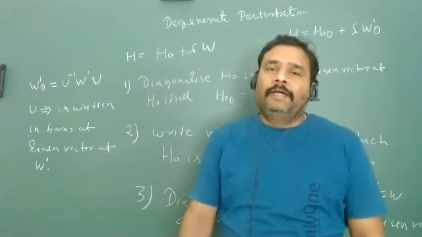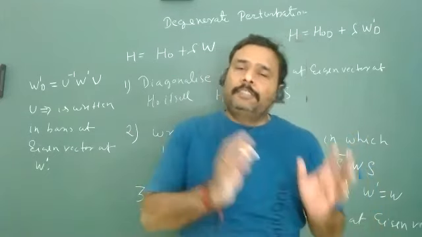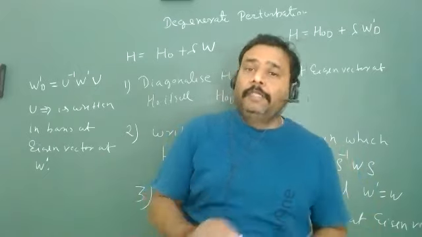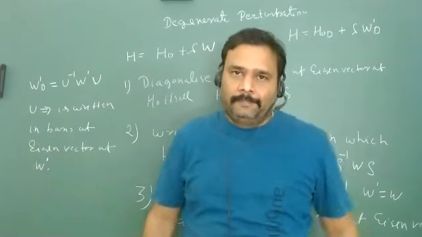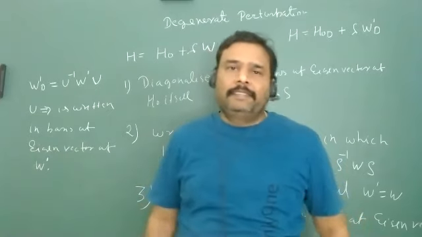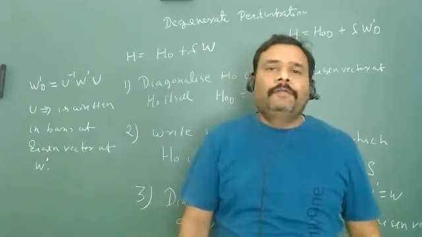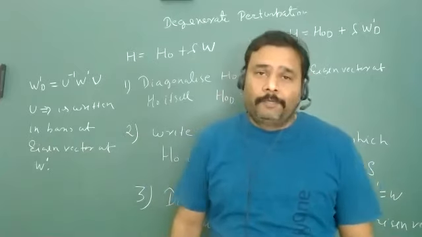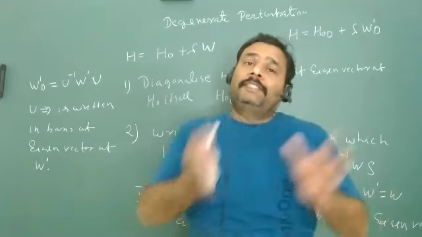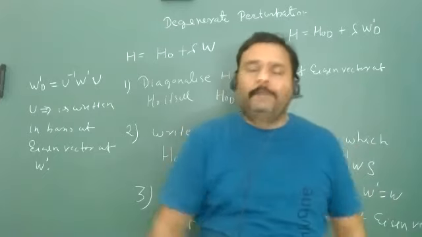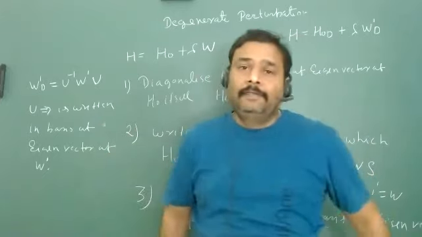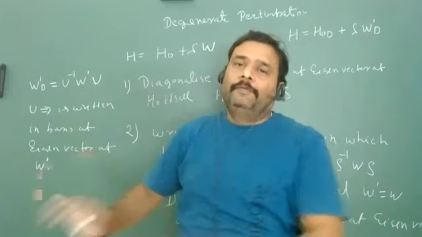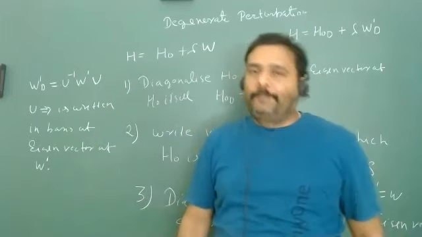In the second problem H naught is not diagonalized, so you need to find W dash, and fortunately W dash itself is diagonalized. In the third type of problem, you first have to construct H naught in diagonal form, and you will find that W dash is not diagonal, and then you have to diagonalize W dash.